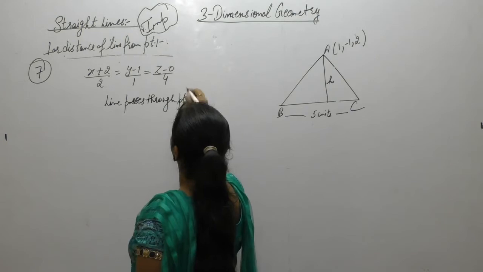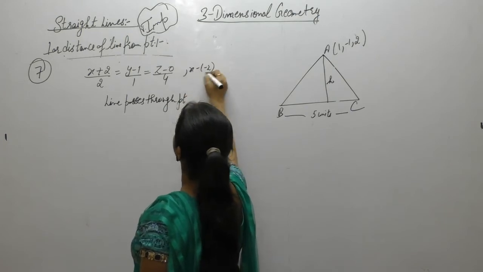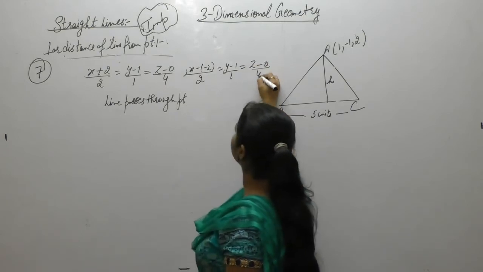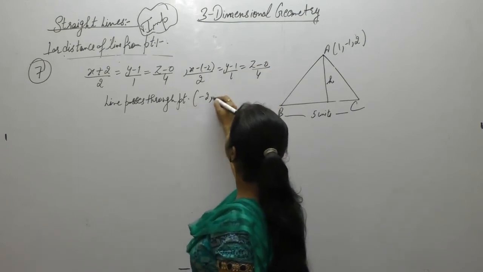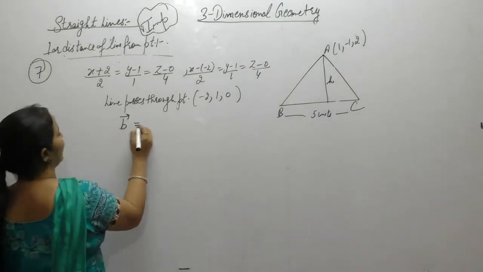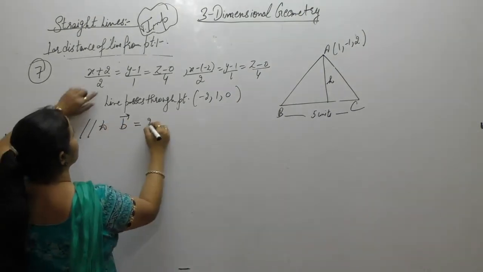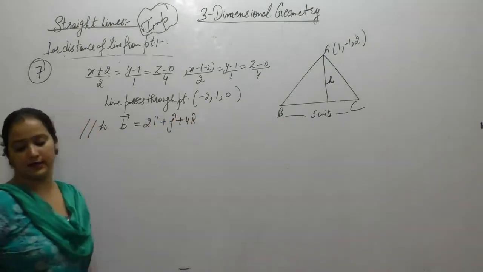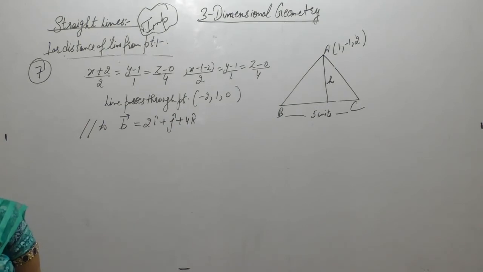If we write it in general form, (x minus x1) upon a, (y minus y1) upon b and (z minus z1) upon c. So the line passes through minus 2, 1 and 0 and is parallel to B vector, that is 2i plus j plus 4k.